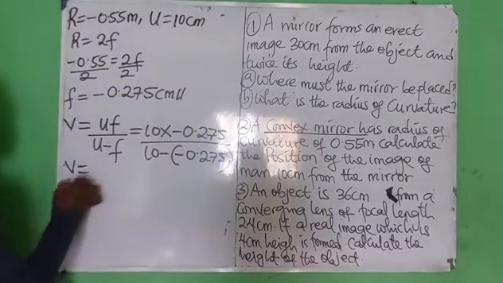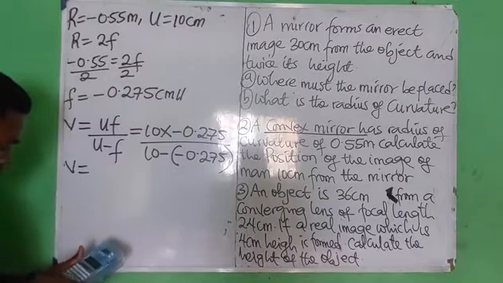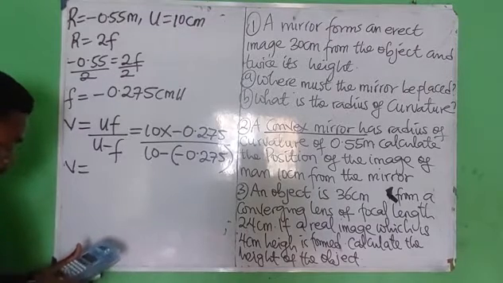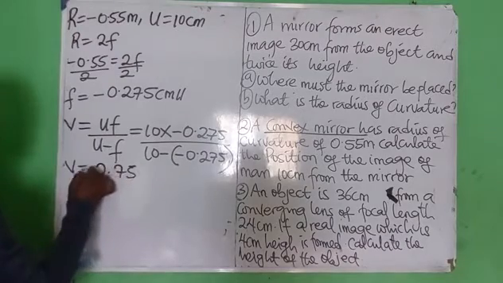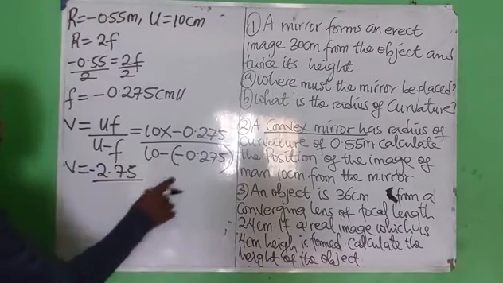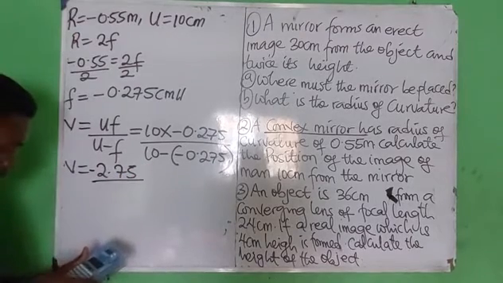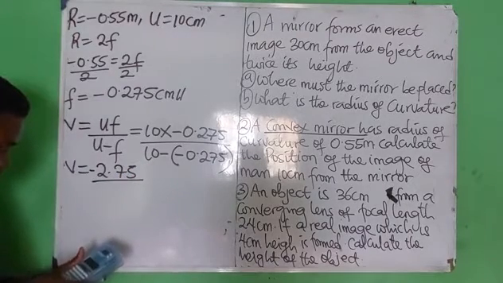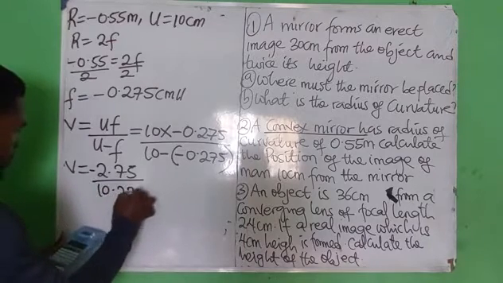So v is equal to 10 times 0.275 equals 2.75, don't forget minus, over, minus times minus is plus. So 10 plus 0.275 will give me 10.275.